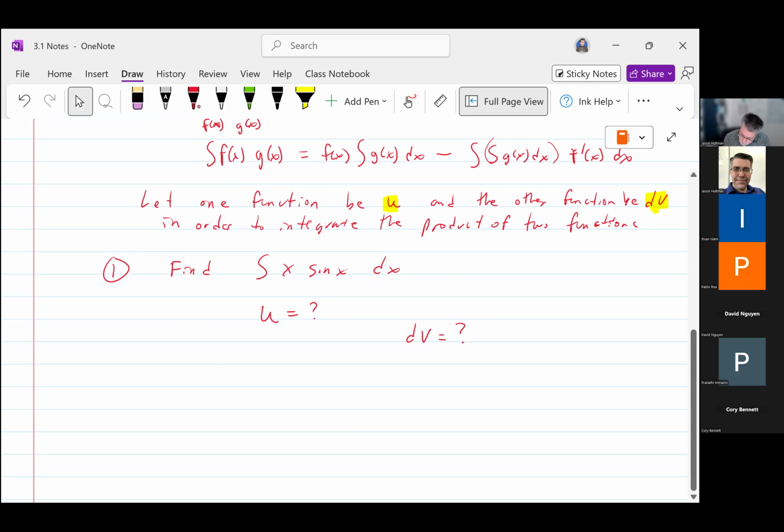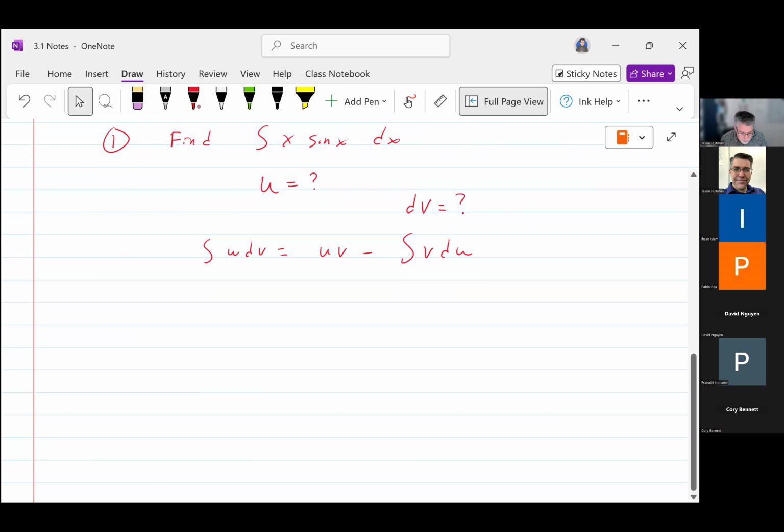The integral of u dv is equal to uv minus the integral of v du. So we have an x as one of our functions, and we have a sine x as another one of our functions.